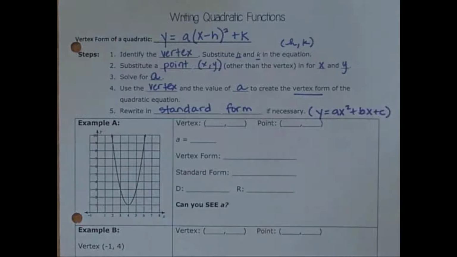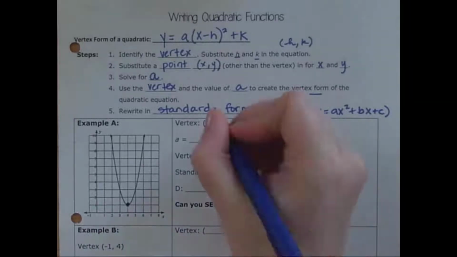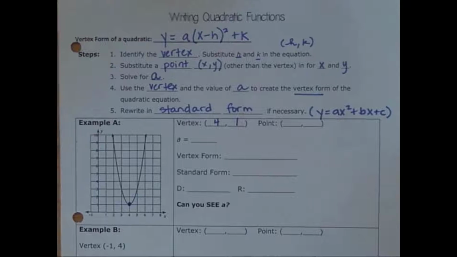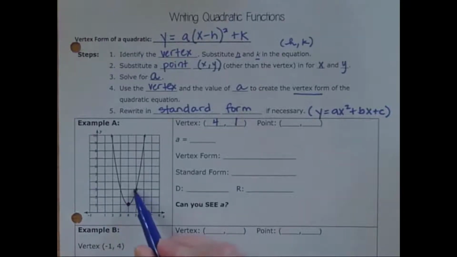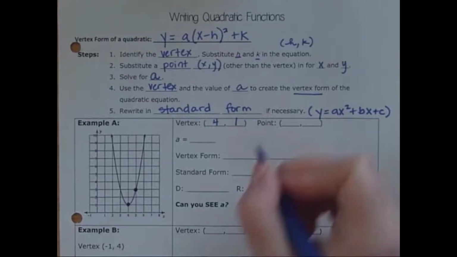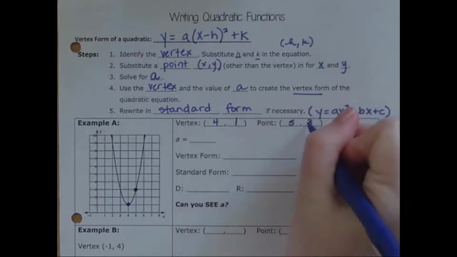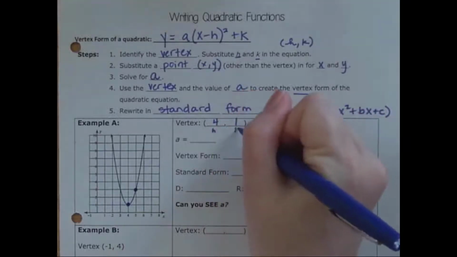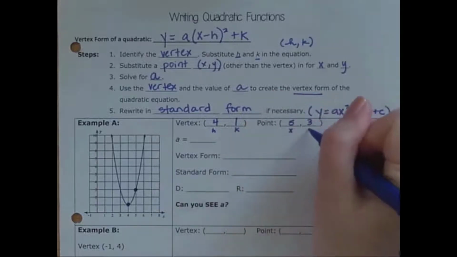Okay. So looking at this example, where's my vertex? 4, 1. And we're going to pick another point. Let's pick 5, 3. So what we say here is that this is our value of h, this is our value of k, this is x, this is y.